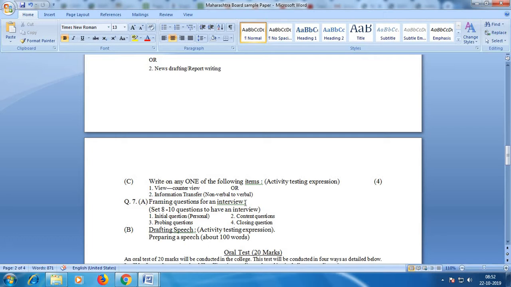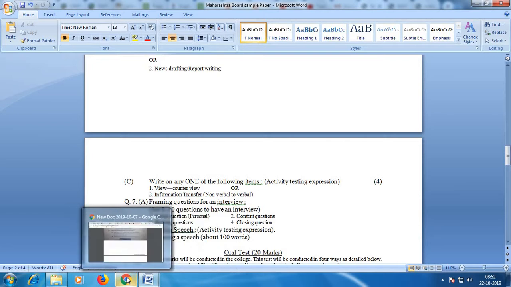Some question framing is given. So 8 to 10 questions to have an interview. Initial question should be personal, then content questions, then probing questions, and then closing question. So this is the way we frame questions for an interview.